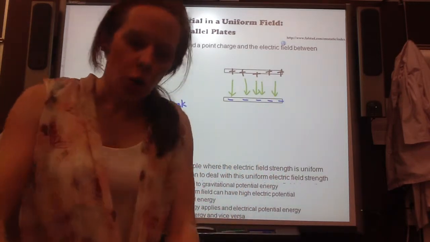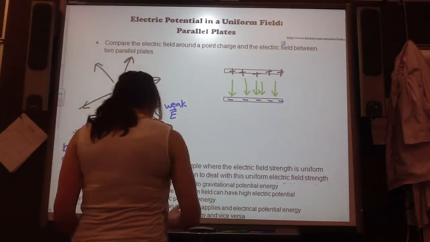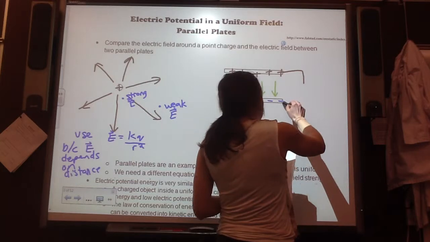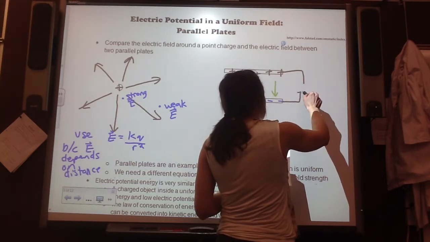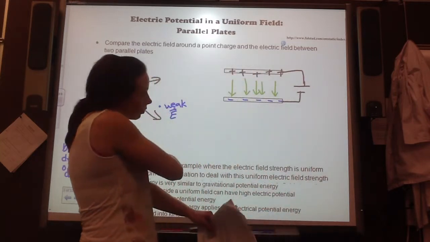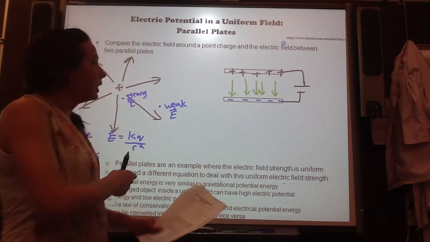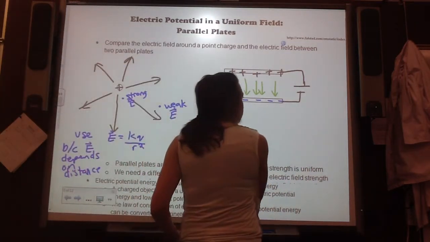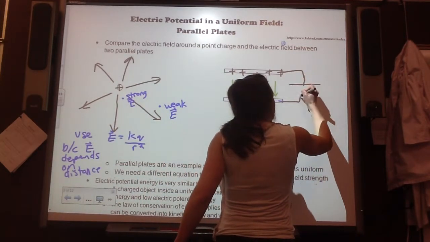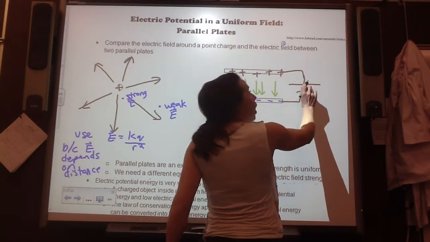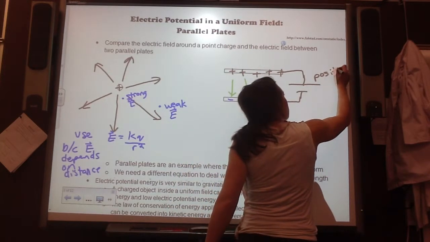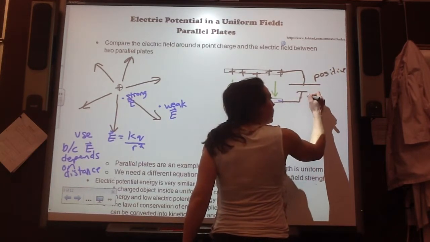Now what actually happens to make these plates is that we put a battery in to give it the charge. When you draw a battery on a diagram, the long end represents the positive end, and the short one is the negative.